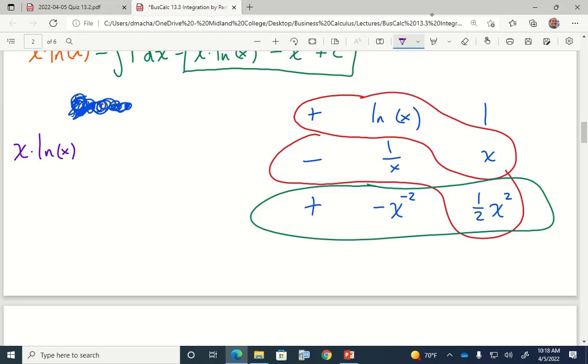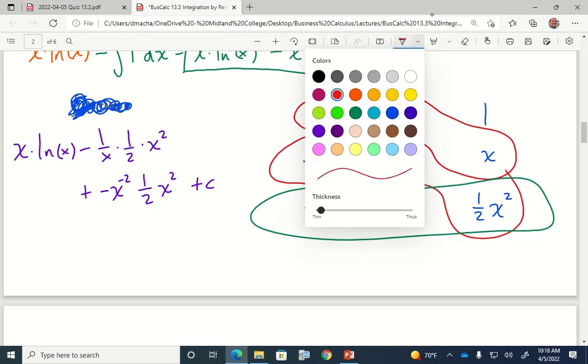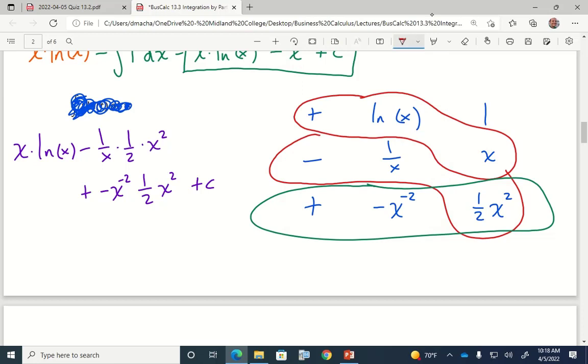Now minus 1 divided by x times half times x squared, and then now plus negative x to the negative 2 power times 1/2 times x to the 2 power plus c. Well, whenever I have x to the negative 2 power times x to the 2 power, that's like x squared divided by x squared, so those are going to pretty much cancel each other out.